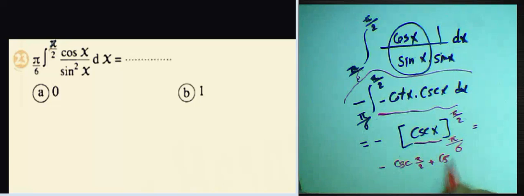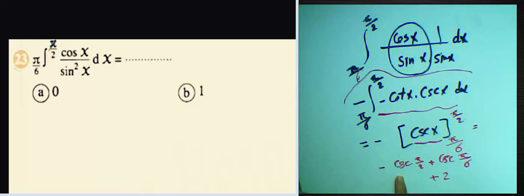Cosec pi over 6. 180 divided by 6 equals 30. Cosec 30 equals what? Cosec is the inverse of sine 30, which is half, so it will be 2, positive 2 here, and we have negative outside here.